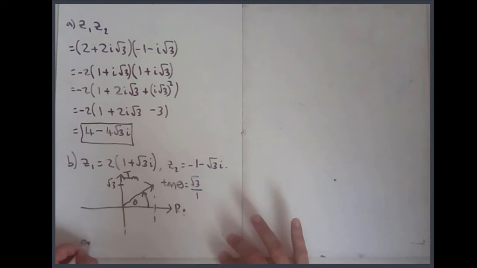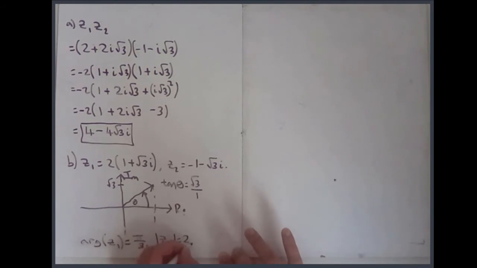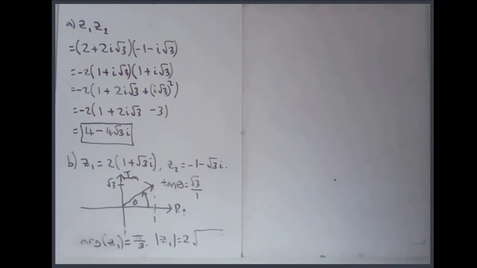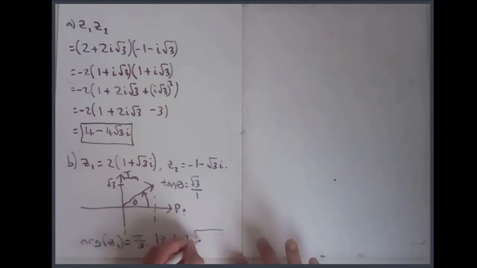So the argument of Z1 equals pi by 3. The modulus of Z1, well, it's going to be 2 times the square root of the real part squared plus the imaginary part squared, so 1 squared plus root 3 squared.